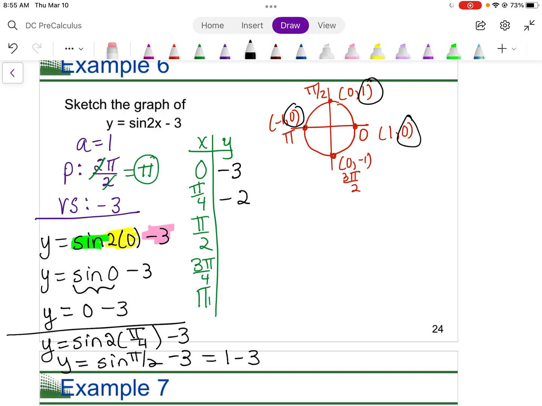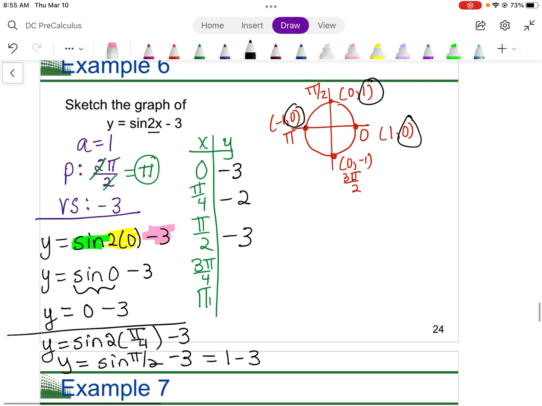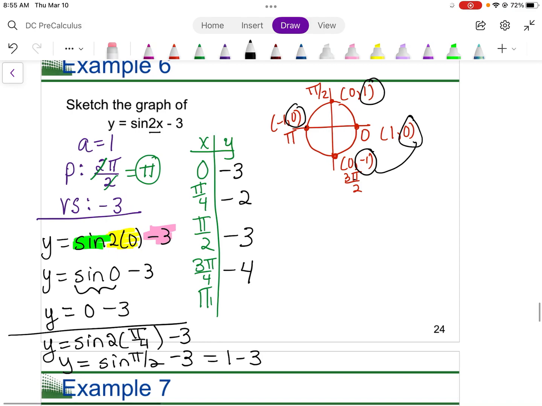I'll end up here at pi. Its sine is 0. 0 minus 3 is minus 3. 3 pi over 4, I'll double that. I'll end up here at 3 pi over 2. The sine is -1. -1 minus 3 is -4. And then I'm back here where I started.